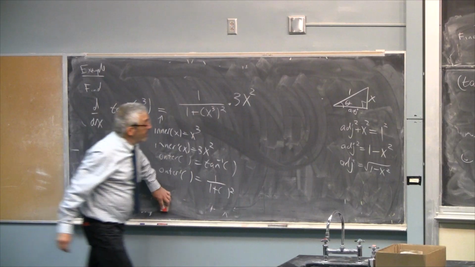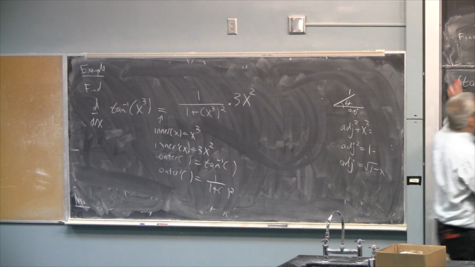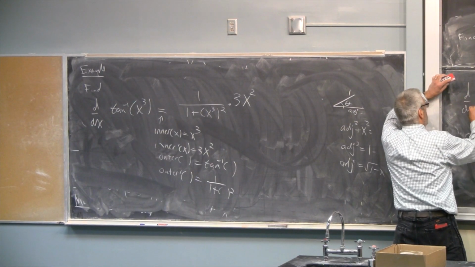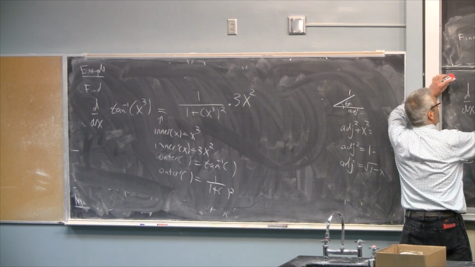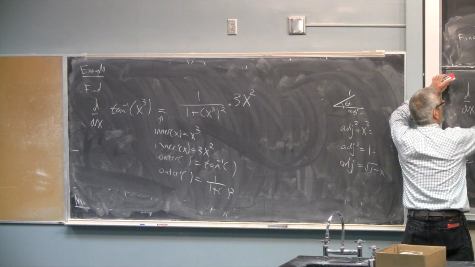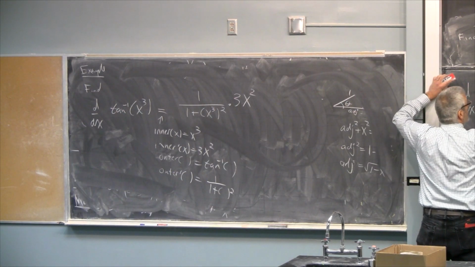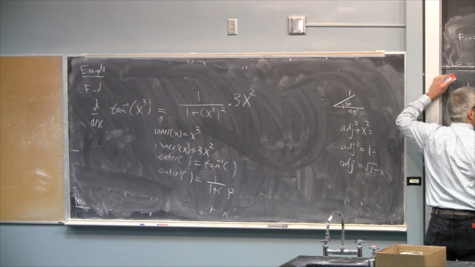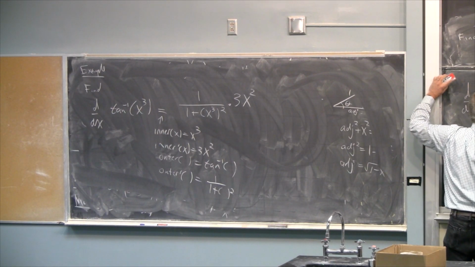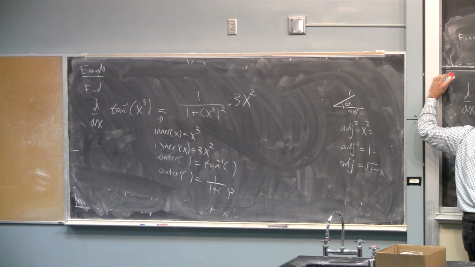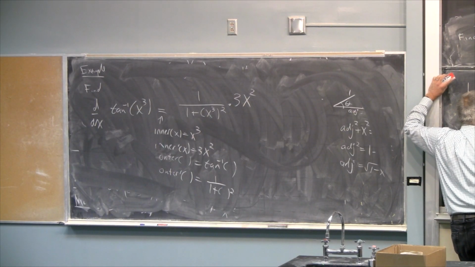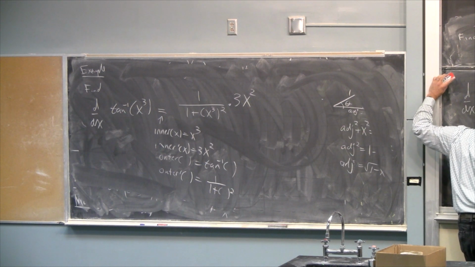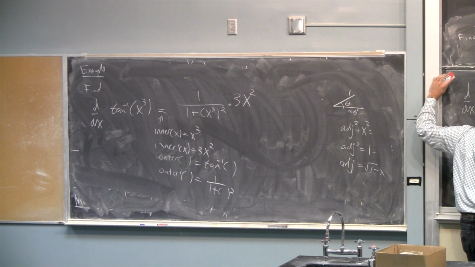On the other hand, if I do the derivative of tan inverse of x, that thing cubed, well then my inner function is a function of x that's tan inverse of x. So its prime is inner prime of x, which is that baby, 1 over 1 plus x squared.